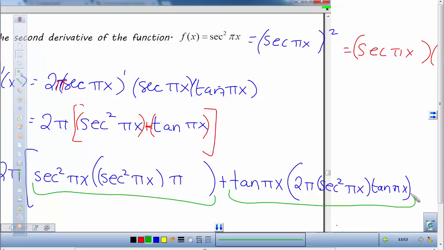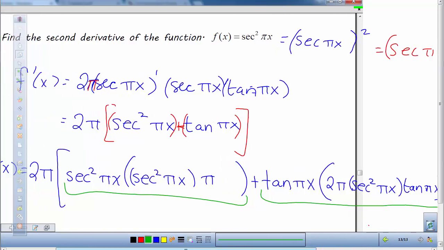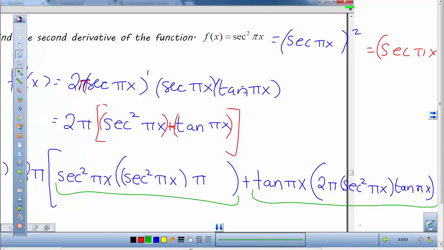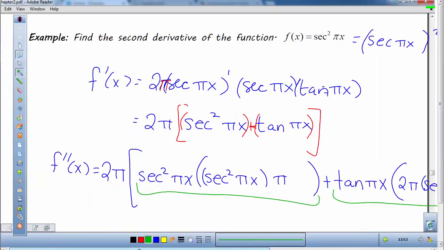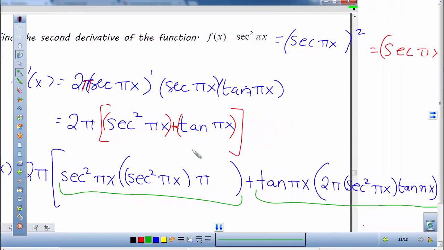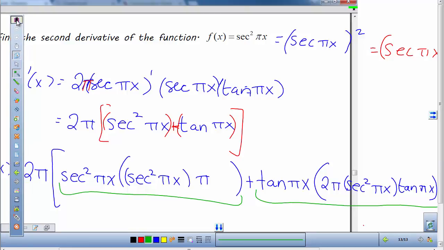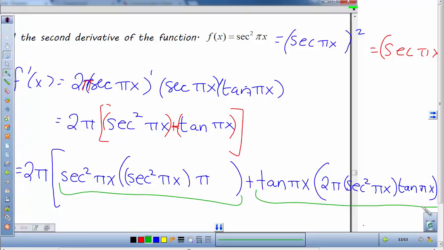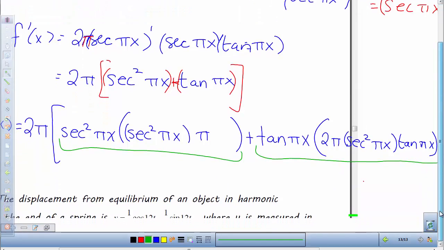That's going to leave me with secant squared pi x here, and then plus tan pi x. So we are trying to clean this up. Okay, I think I can see the whole thing here, and we've got the 2 big terms that we've already outlined.